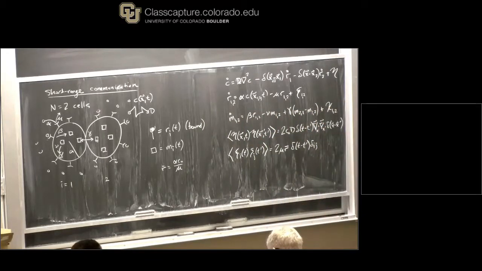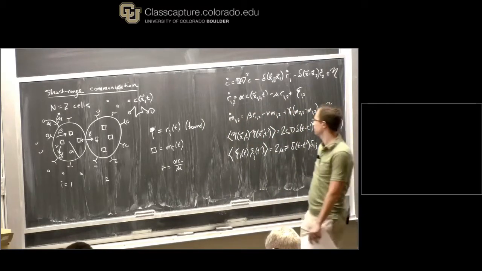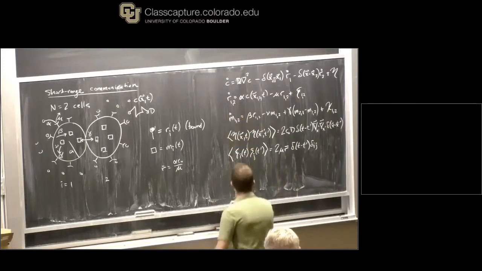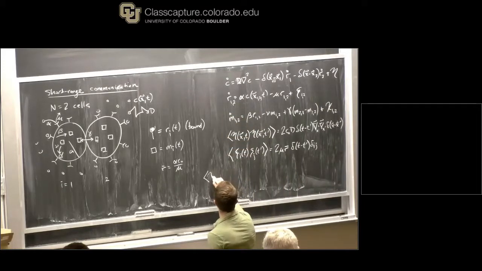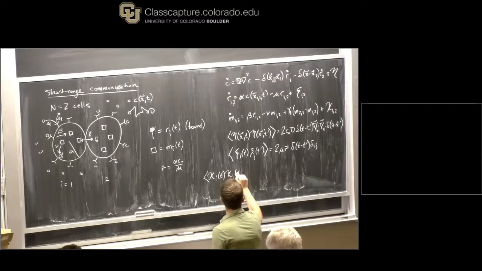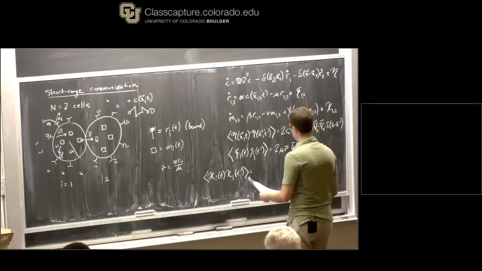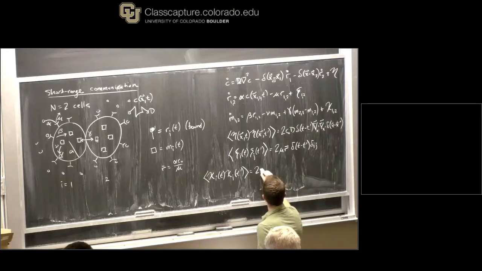Okay. And then finally, we have this chi, and chi looks very similar to Xi with one exception. So it has this 2 m bar delta T minus T prime times the nu.